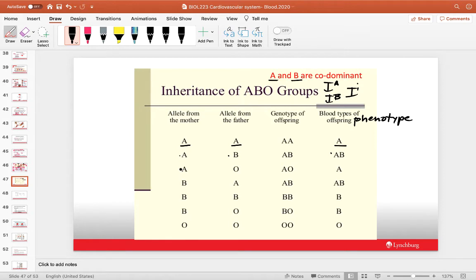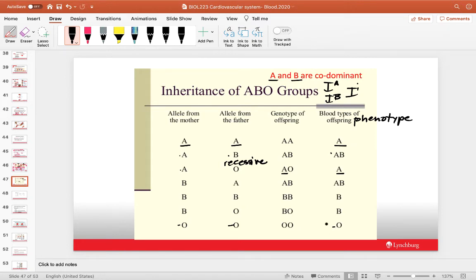In this case, we've got an A allele from the mother and a recessive O allele from the father, and since that O is recessive, we're going to have type A blood as a result. And then if we come down here, we've got a recessive allele from the mother and a recessive allele from the father, and that's how we would end up with type O blood in the offspring.